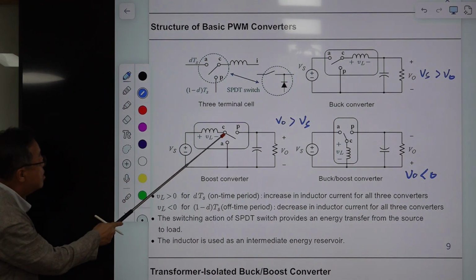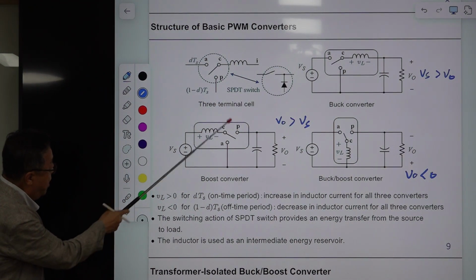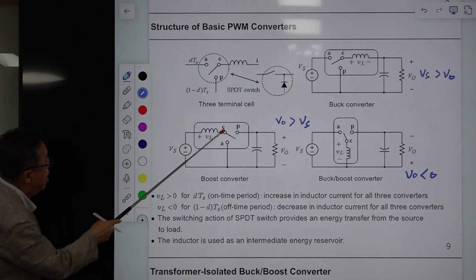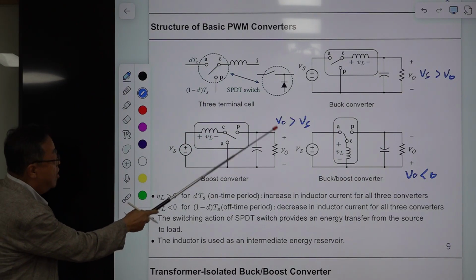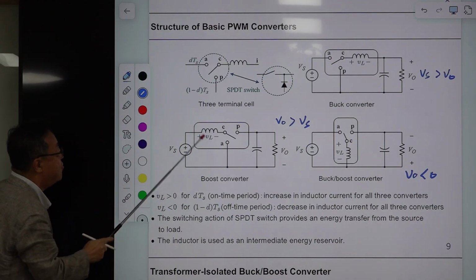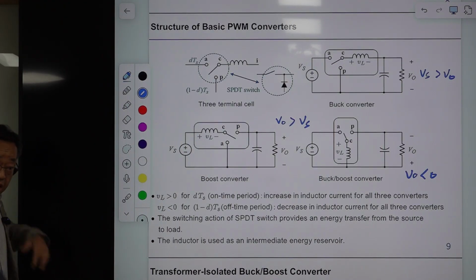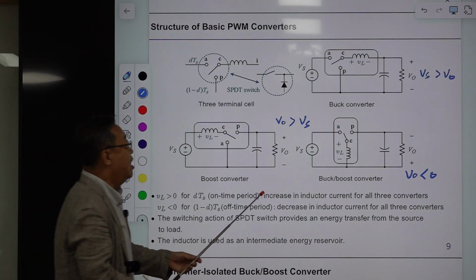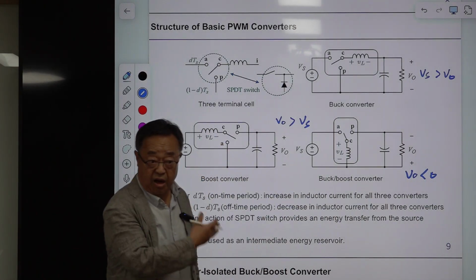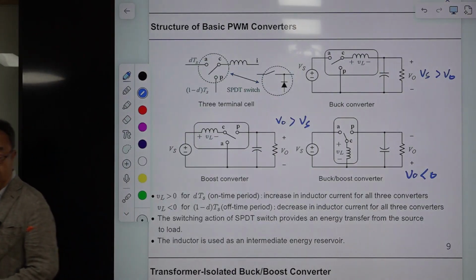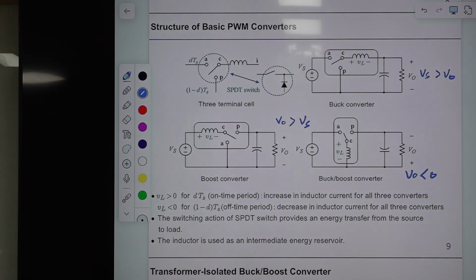During the off-time period, VL is negative because the output is always larger than this. For the buck-boost converter, VL is also negative because its output is always negative.